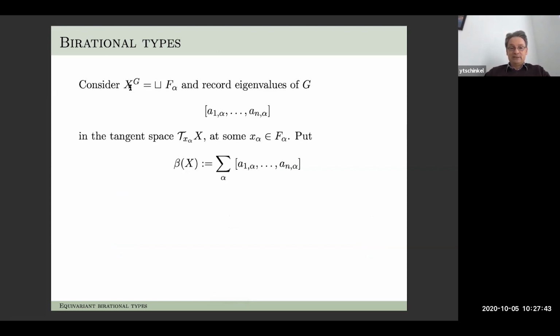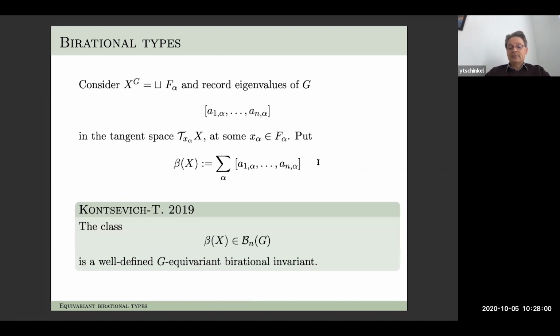So we consider X with the G action, record the eigenvalues of G in the tangent bundle at these fixed point strata, and then write this sum, and now consider this as an element in the group Bn of G, where these symbols a1 up to an are subject to those two relations that I wrote down. And then it turns out that the class in this group Bn of G is a well-defined G equivariant birational invariant.